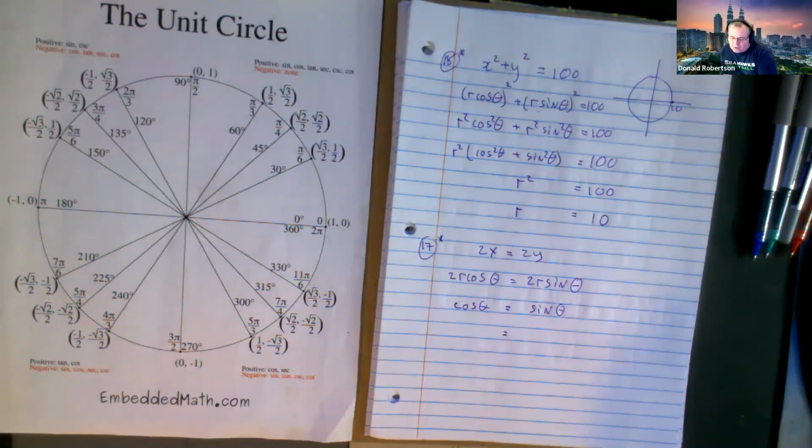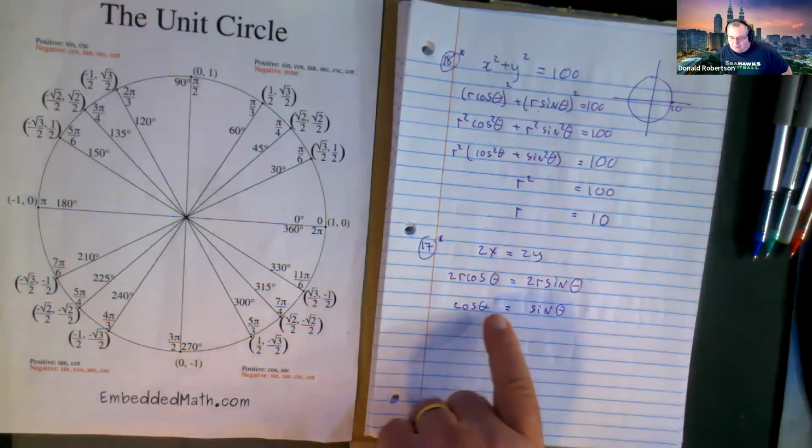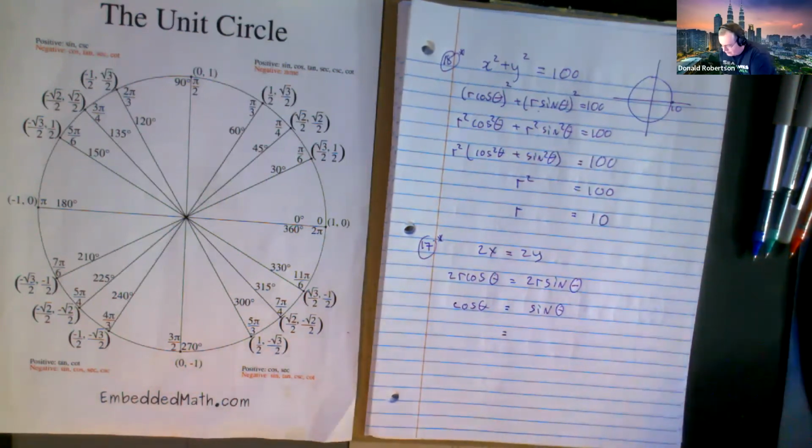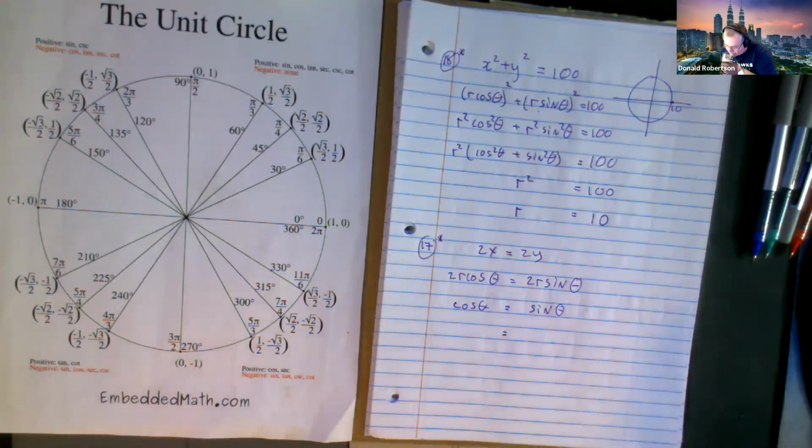Now the next one, I think we did an equation, solving an equation question that ended up looking like this. Pretty sure we did. What will I do to both sides to fix this guy? What shall I do to both sides? Divide by cosine.